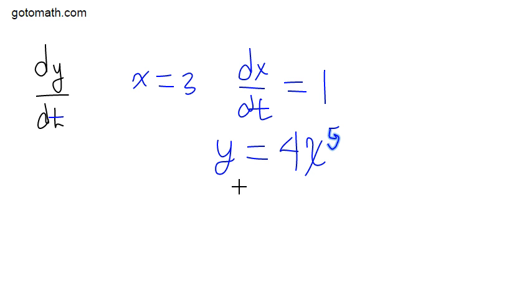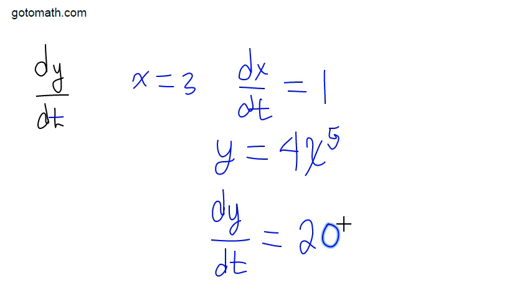Right? So we want to take the derivative. The derivative of y is 1, so I'm just going to write dy over dt is equal to, and then we take the derivative of this. We have 4 times 5 is 20, x to the fourth power.